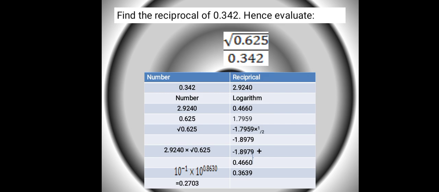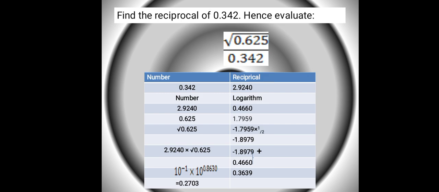Find the reciprocal of 0.342, hence evaluate the square root of 0.625 all over 0.342. Now the reciprocal of 0.342 is 2.9240. Now let's find the logarithm of 2.9240. It is 0.4660. The logarithm of 0.625 is 1.7959.